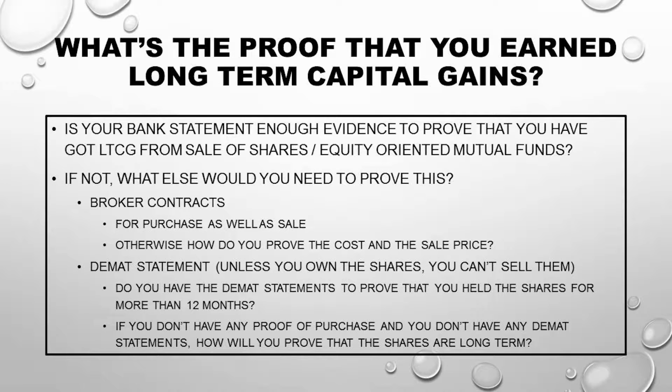If not, the demat statement, because in the demat statement, A, the holding will be there, and B, when you sell, the credit and the debit will be there, which shows that the shares have gone out from your demat account. So that would also help to some extent, although it is not foolproof. But you need the demat statement, because unless you had the shares in your demat, you could not have sold them.